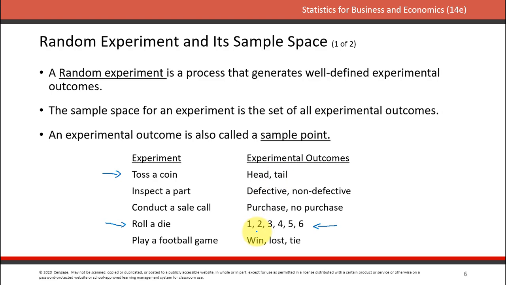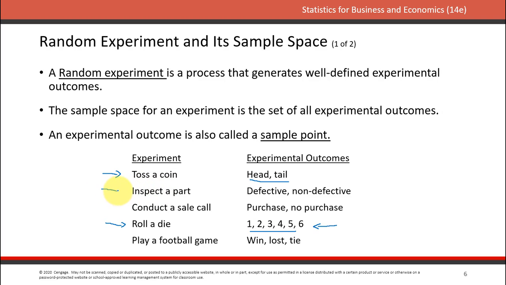Now remember that here we could have said that the outcomes were just even and odd. So there are different ways to describe the outcomes, and we can do it this way or that way. Okay, let's talk about some others that are not quite as simple.